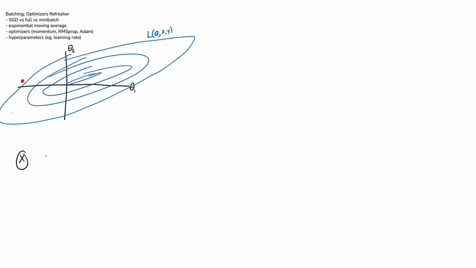Got our model. Pass data through our model. Our model produces a prediction, and we feed that into a loss function. And we have the true labels here, which will also be fed into the loss function, to produce a loss value.